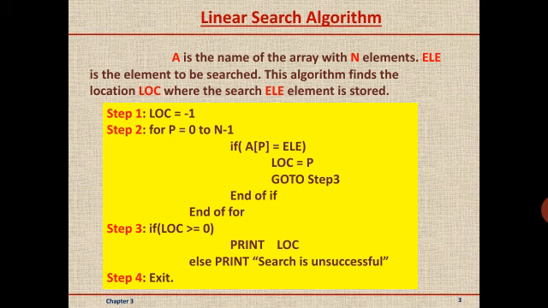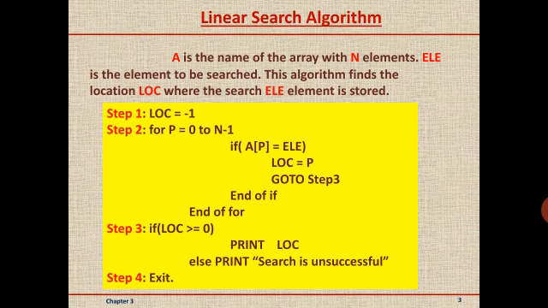Step 1, LOC is equal to -1. Step 2, for loop begins here. P is equal to 0 to n minus 1. Next step, if A of P is equal to ELE, means here the element is compared with the first element of the array.